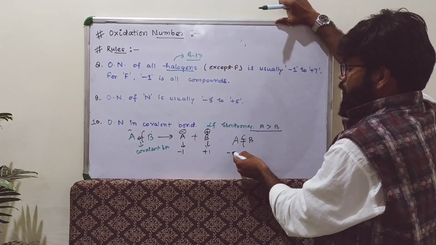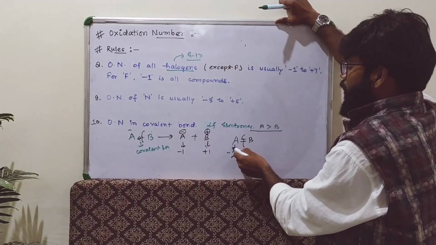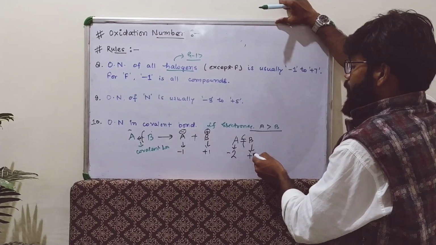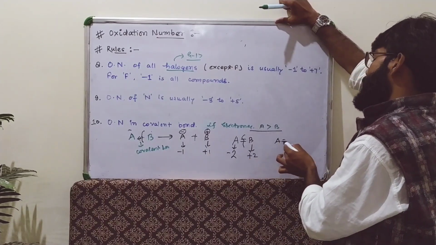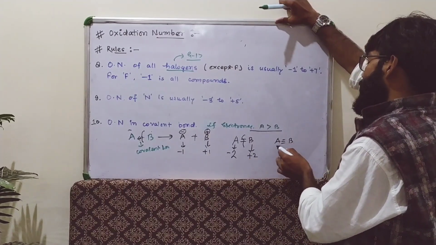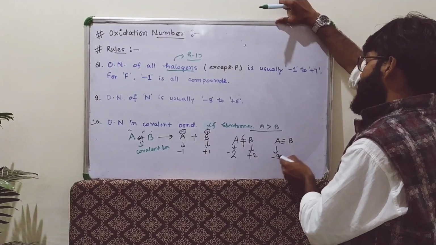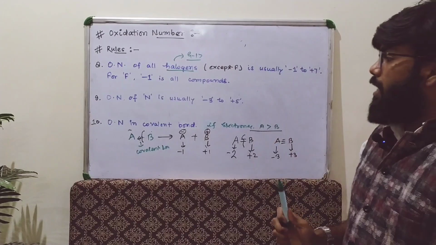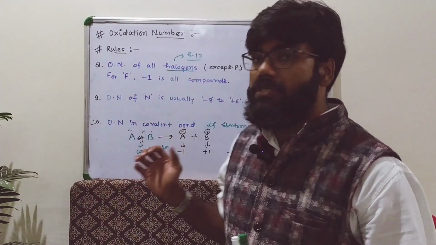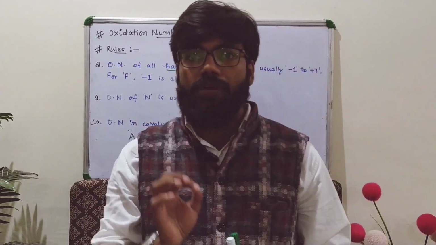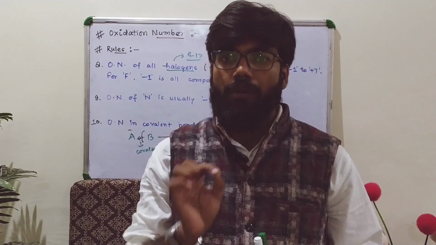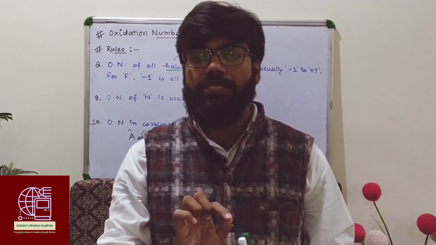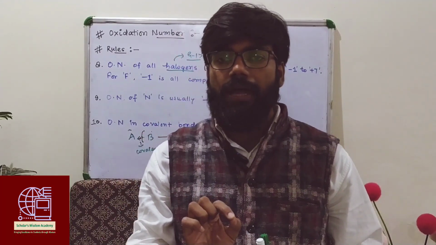Two bonds are broken, so A will have -2 and B will have +2. Similarly, if three bonds are present between A and B, then A will have -3 and B will have +3. So this is the last rule. These 10 rules are enough for solving problems from board questions, NEET and JEE Mains.